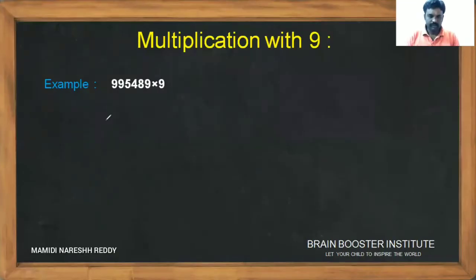The given number is 9,95,489. Let us multiply with 9. The first step: add 0 to the right side, and subtract the given number from this result.